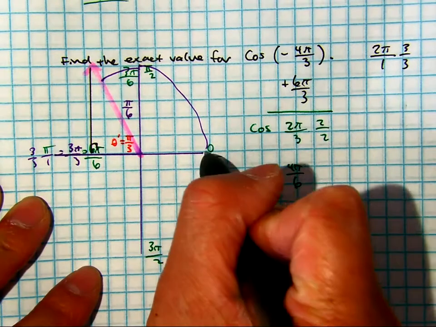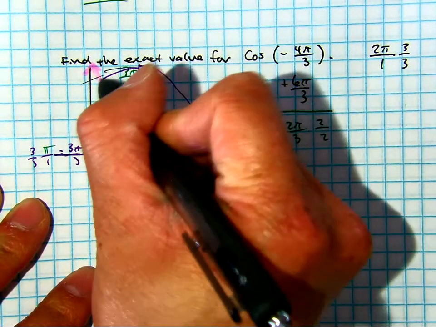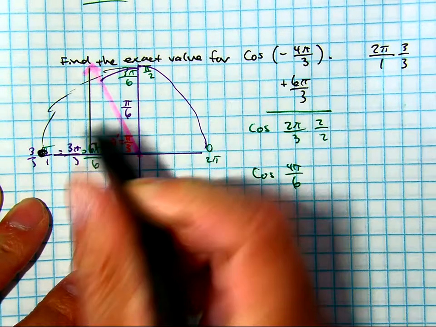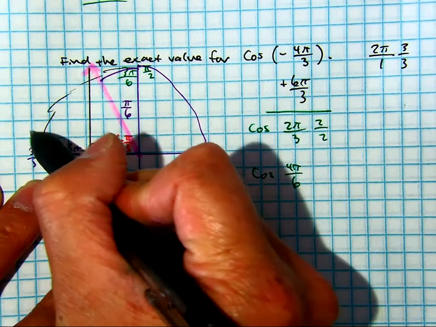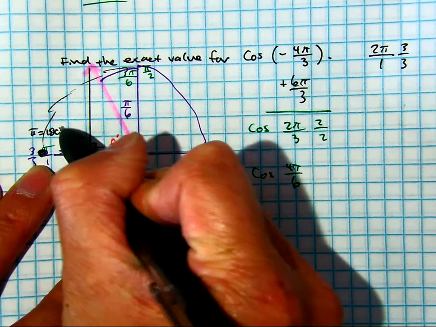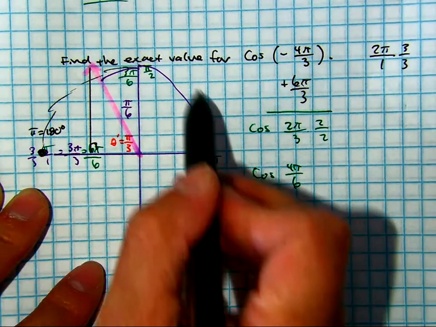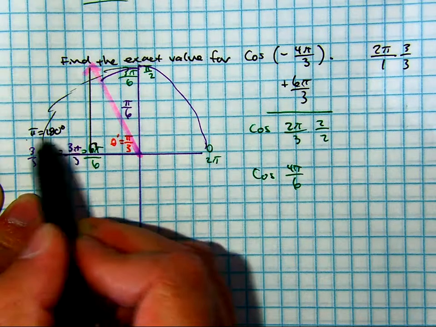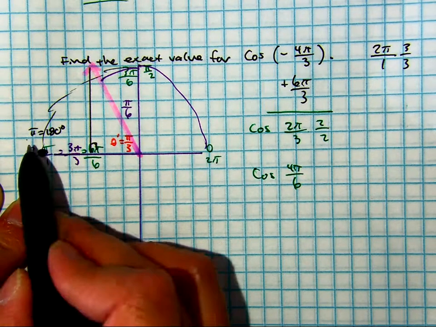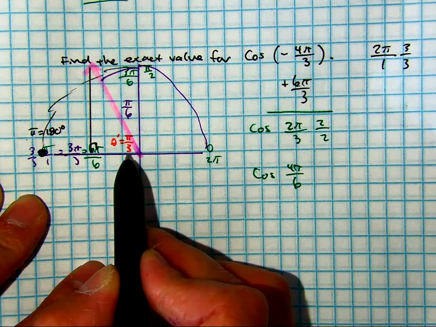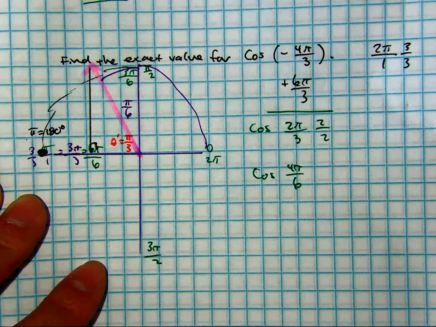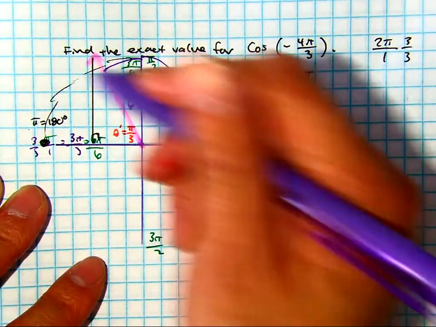If I come all the way over here on my circle, this ordered pair over here in the very beginning is pi equals 180 degrees. Pi radians and 180 degrees is the same position. So pi is equal to 180. 180 divided by 3 is how much, class? 60. So essentially what you have here is a 60-degree triangle.